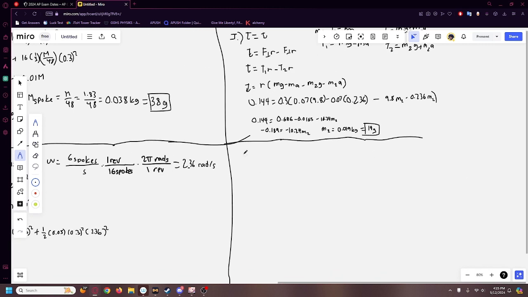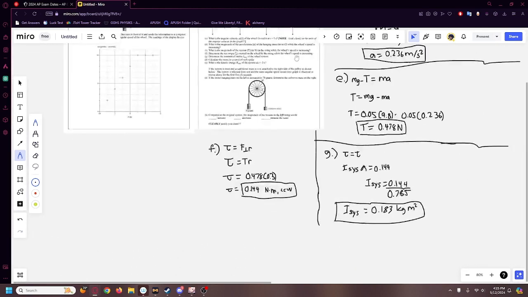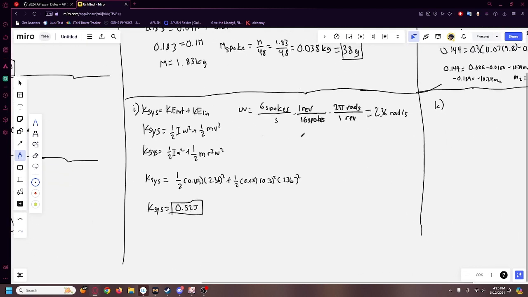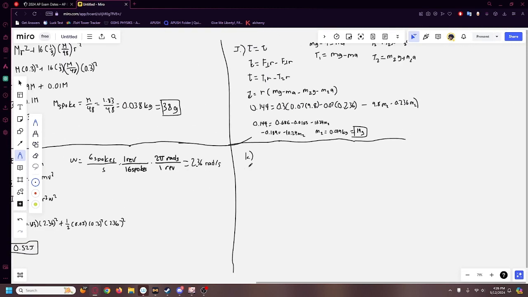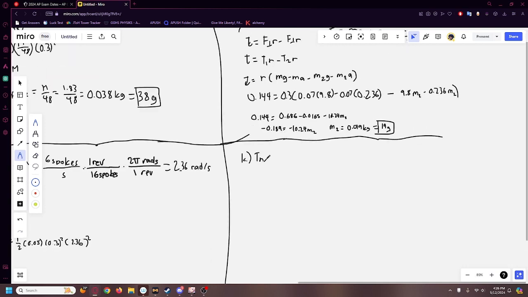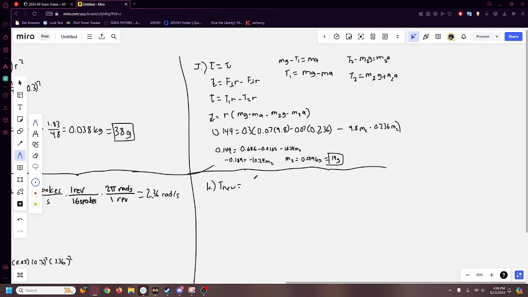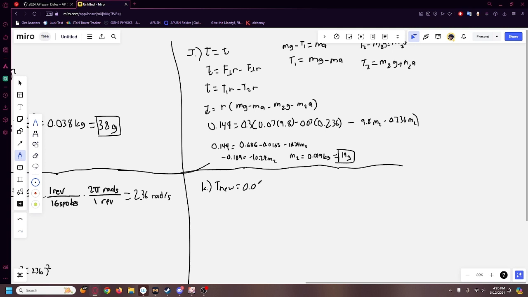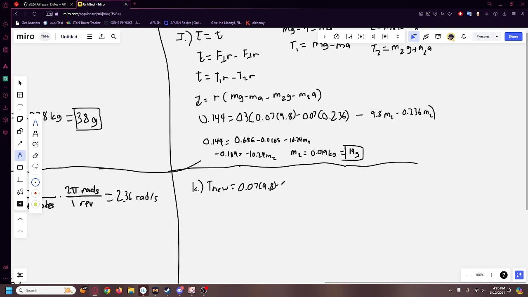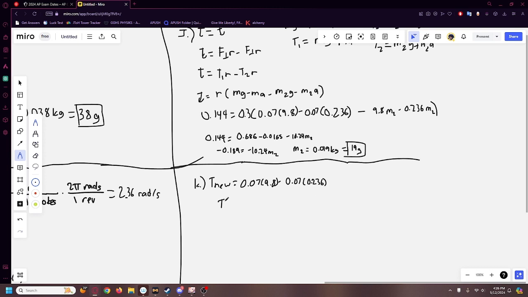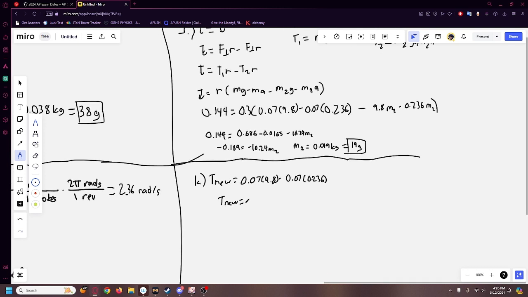So part K is asking for tension in the left string. So tension in the left string is equal to 0.07 times 9.8 minus 0.07 times A. T new is equal to 0.67 newtons.